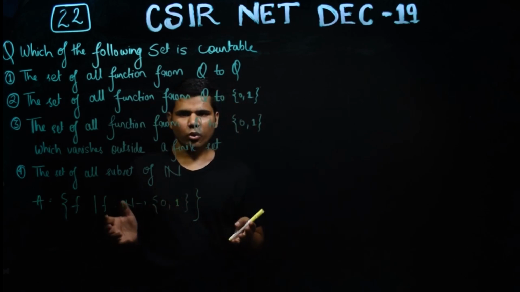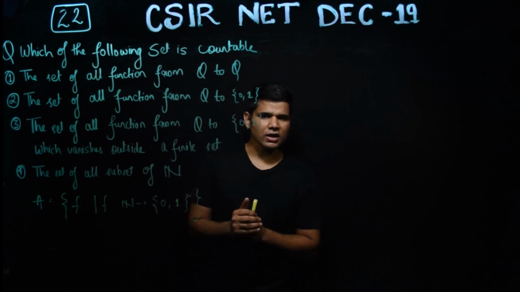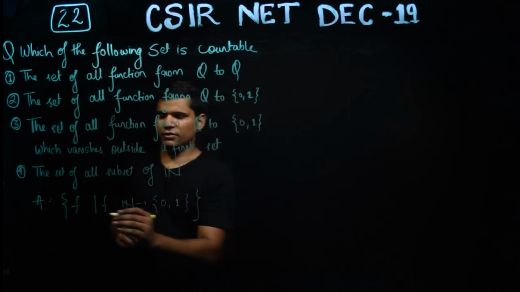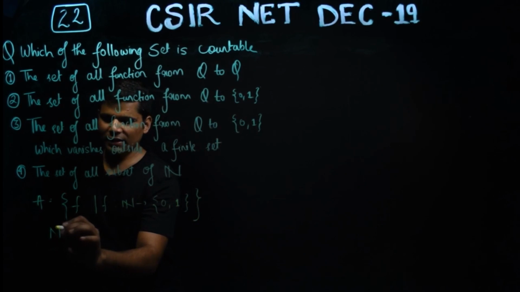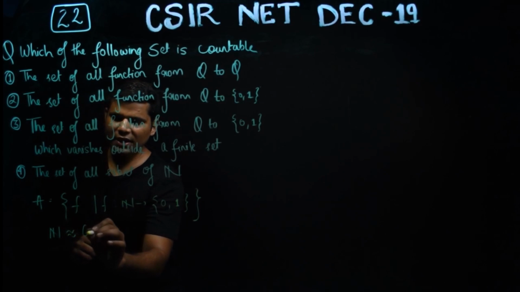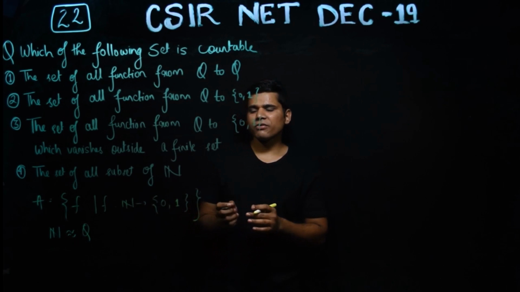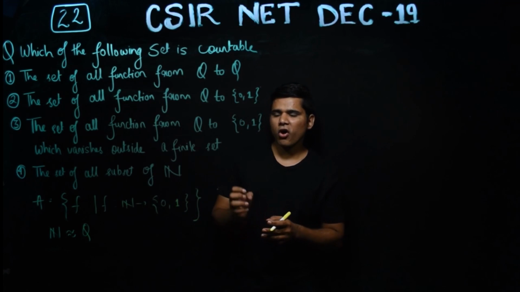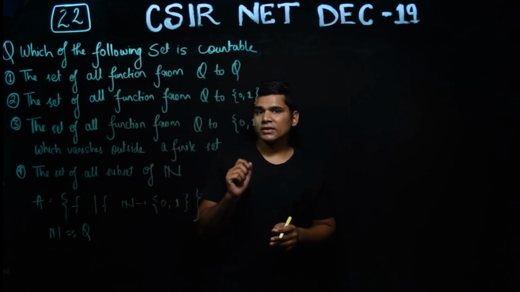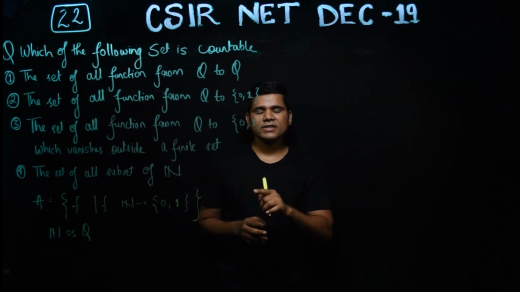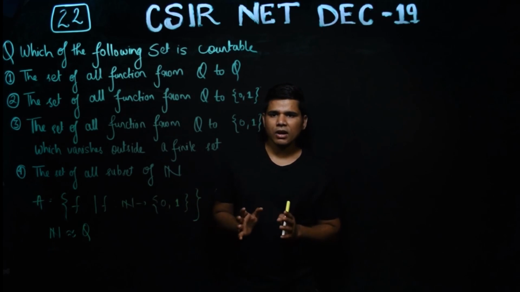Now what you know is that the natural numbers are a countable set, and rationals are also countable. Since N and Q have the same cardinality, if you have a set which consists of all those functions from Q to {0, 1}, then using this problem I can directly say that that set will also be uncountable, right?